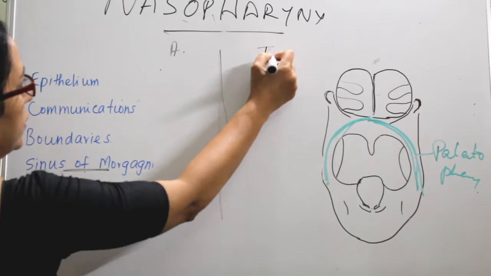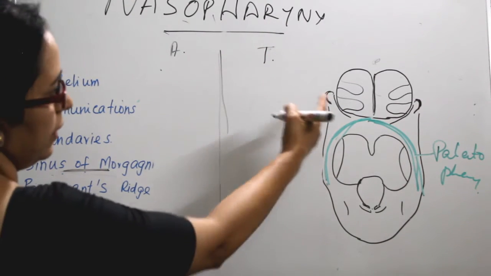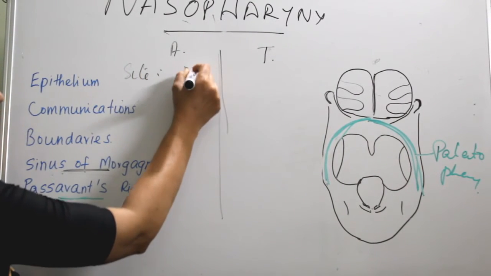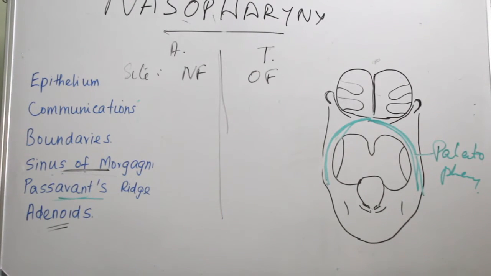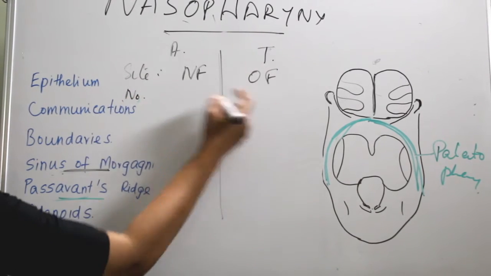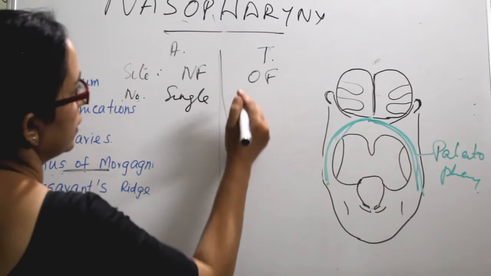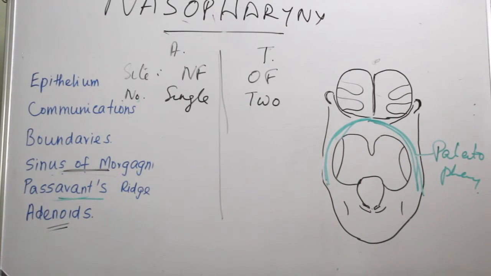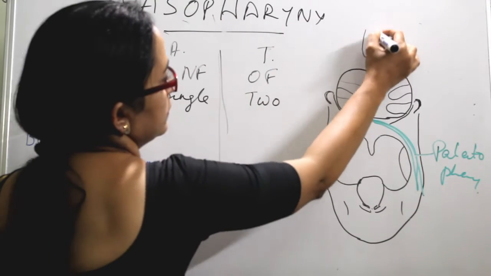Adenoid and tonsil. The first one is the location or the site. The site of the adenoid is the nasopharynx, and the tonsil is in the oropharynx. And what about the number? There is a single adenoid, and there are two tonsils, right? And actually these adenoids are like this.